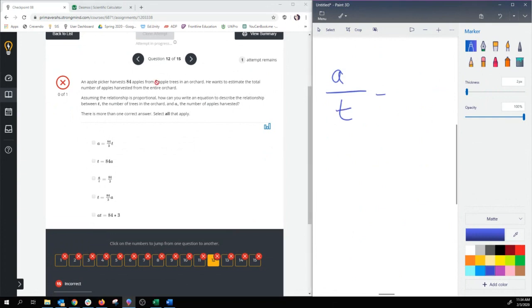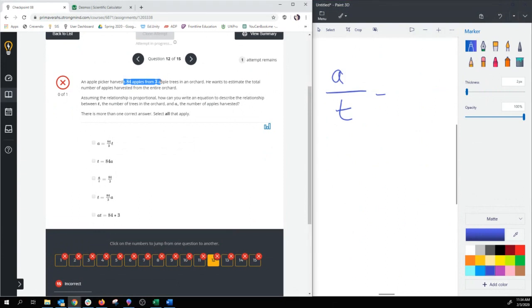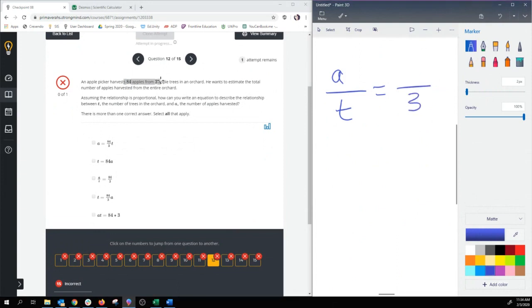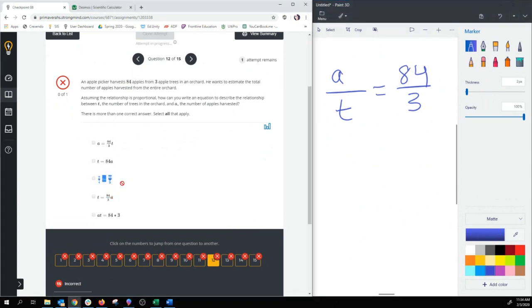So based off of these two numbers, how many apples was I able to harvest from 3 trees? 84, right? So does this proportion match this proportion from our answer choices? Yes. So this proportion here is one of the correct ones. We want to pick this one here.